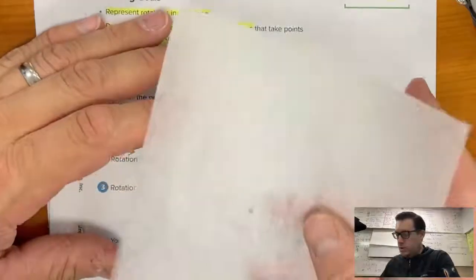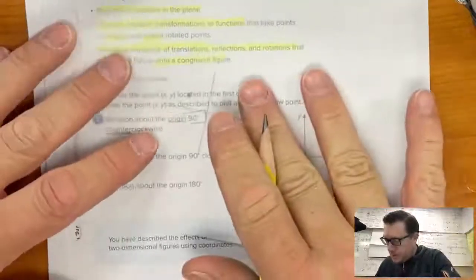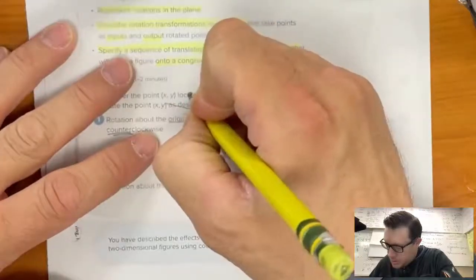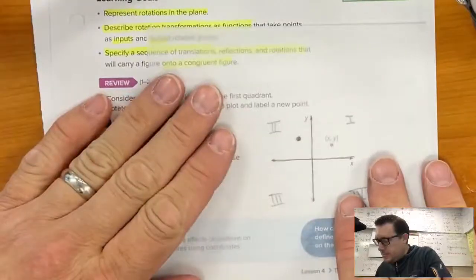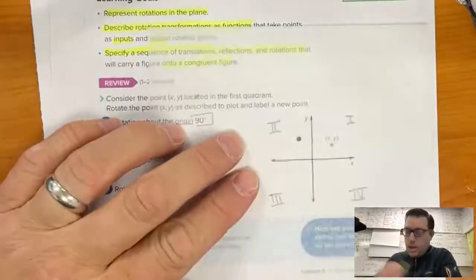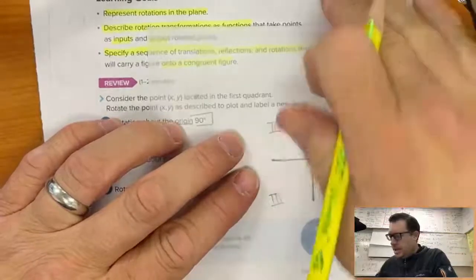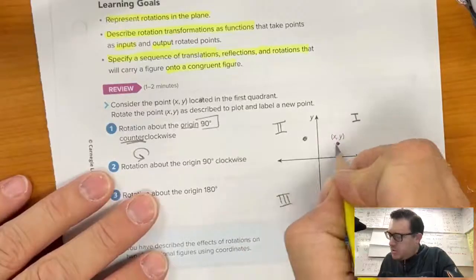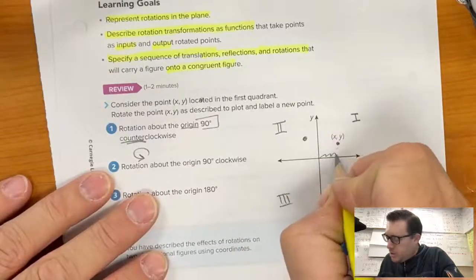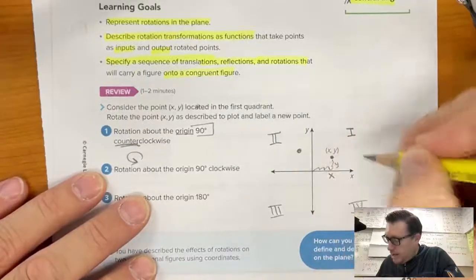In fact, I want to trace it. So use our trick: trace both sides of the tracing paper. And then realign it. Tracing the trace pushes the image onto the graph paper. And then this is something kind of interesting. To get to this point, you have to go X to the right, and you have to go Y up.